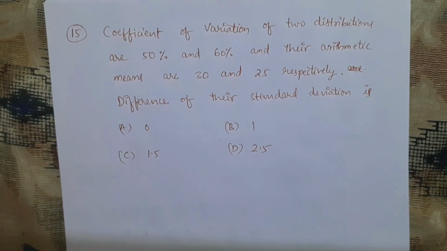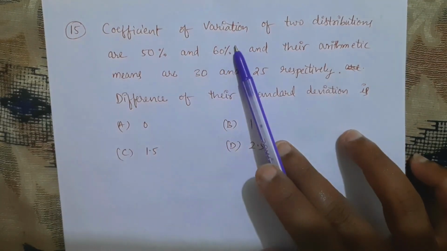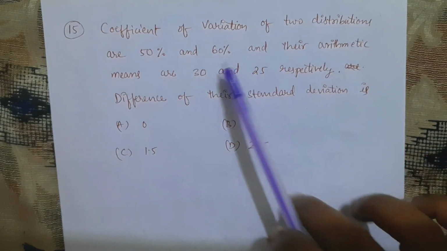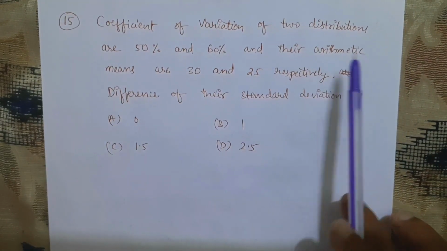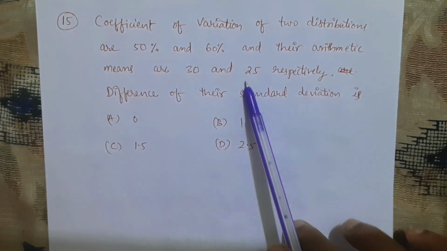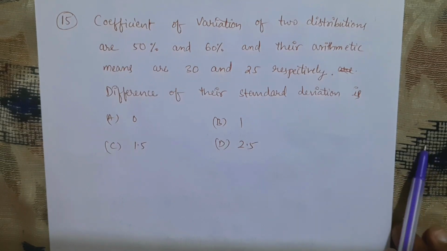Now the next and last question for this session is the concept of coefficient of variation. Okay, see here, the coefficient of variation of two distributions are 50% and 60%, and their arithmetic means are 30 and 25 respectively. The difference of their standard deviations we need to find.